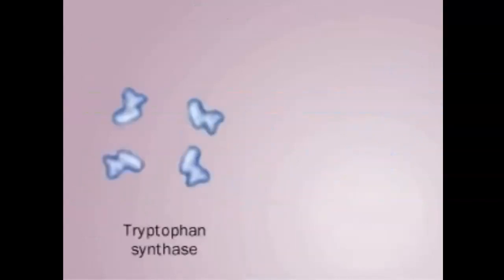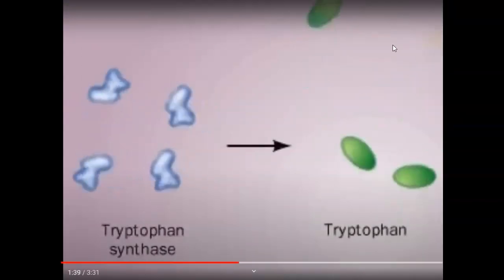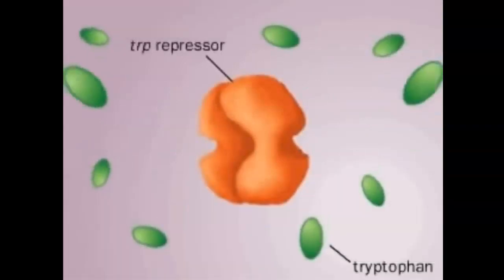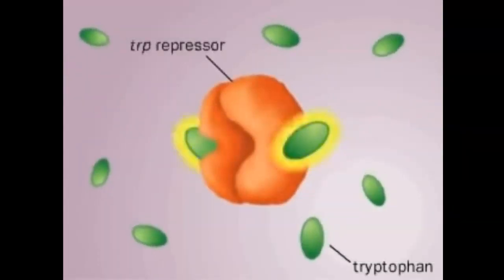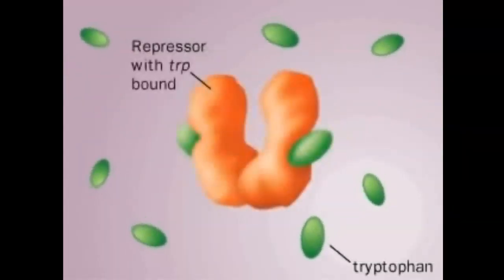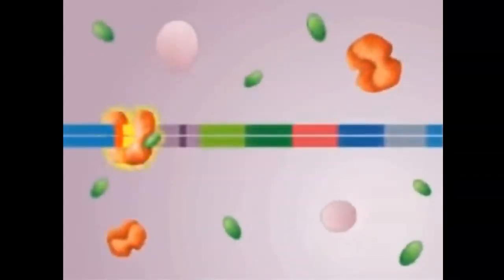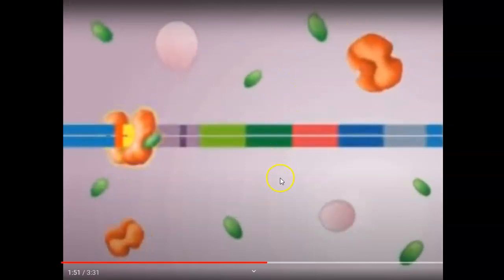As tryptophan is synthesized, it diffuses through the cytoplasm. When it encounters a TRP repressor, it binds a site on the repressor, changing that protein's shape. The repressor can now bind the operator, block polymerase binding, and prevent transcription of the structural genes. So that's that dimeric state.